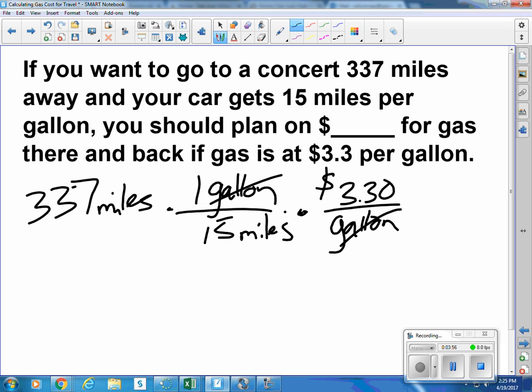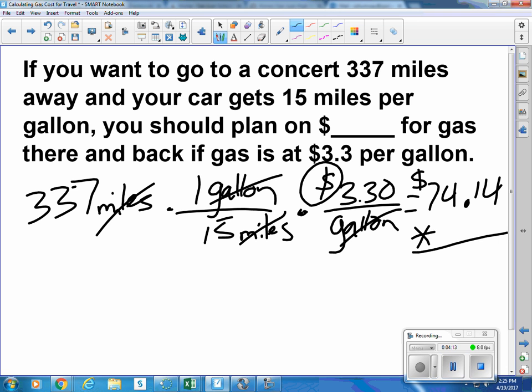Gallons on top, gallons on bottom, miles on bottom, miles on top. $74.14. That's the only units that have not canceled out. And we're going back, so we need to say that's going to be 148.28.